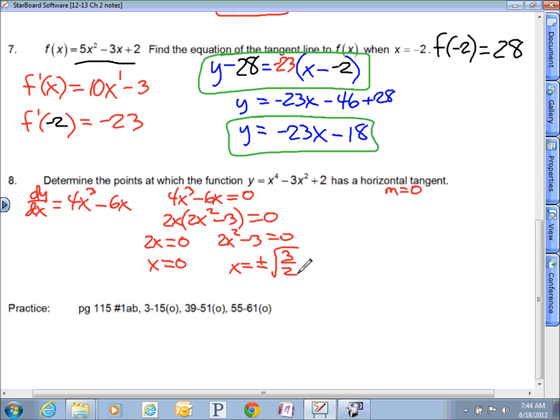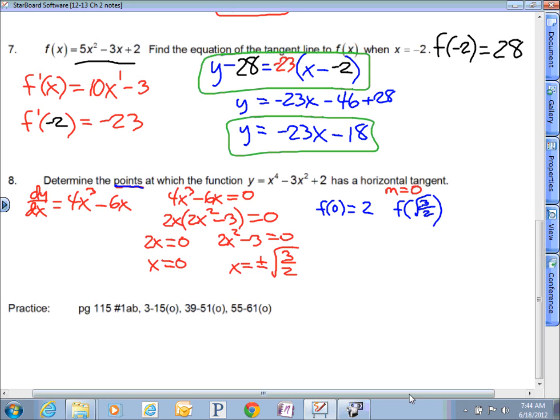Now the thing's going to get a little bit tricky right here. We're supposed to find the points where this happens. So points, that means I'm going to have to do f of 0. Well, 0 minus 0 plus 2, that's 2. And then I'm going to have to do f of the square root of 3/2.